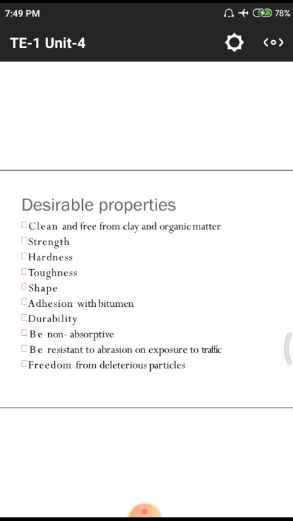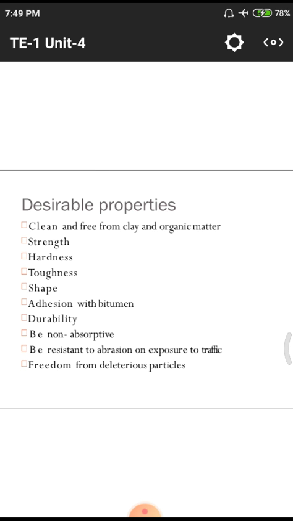Non-absorptive means, as with water vapor previously, normally in rainy seasons there may be a flow of water on the surface of the roads, so the aggregates should not absorb water. If the aggregates absorb water, there may be swelling or shrinkage. Due to the swelling and shrinkage, unevenness and irregularities will appear on the surface.